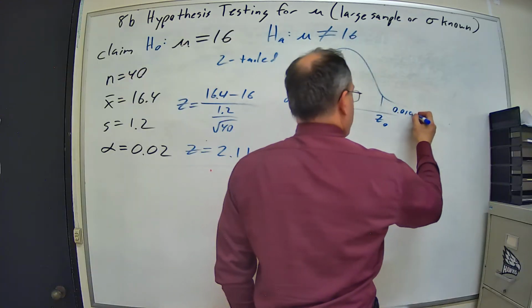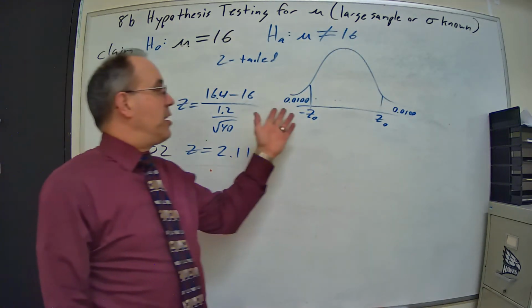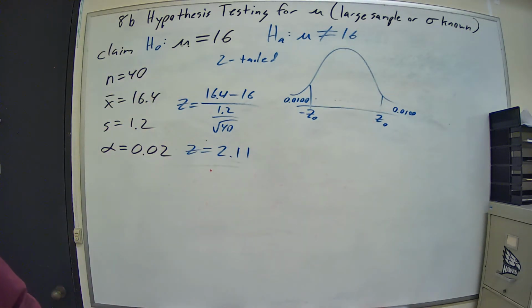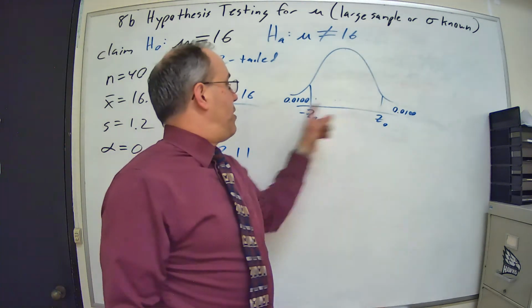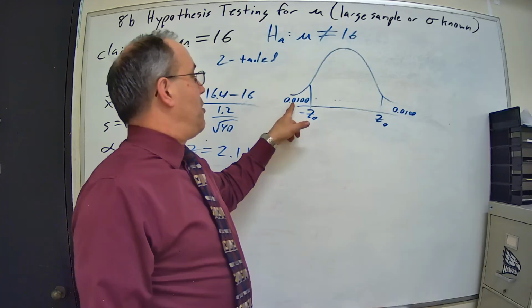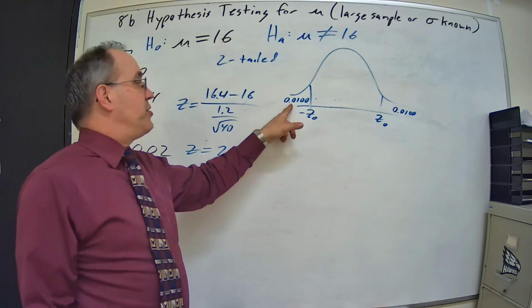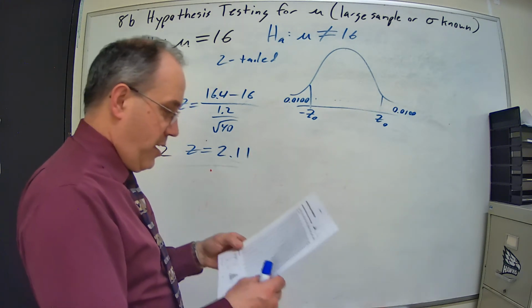I'm going to put my additional two zeros in here to remind me that we're going to do a reverse table lookup in here. So now I'm going to grab my table, and this worked out nicely, this is the area in that lower tail. Look at the body of the table for the closest thing we can to 0.0100. So that's on the negative side.